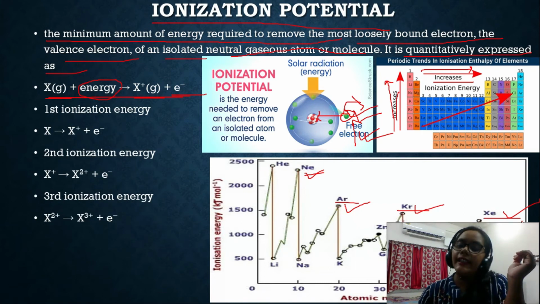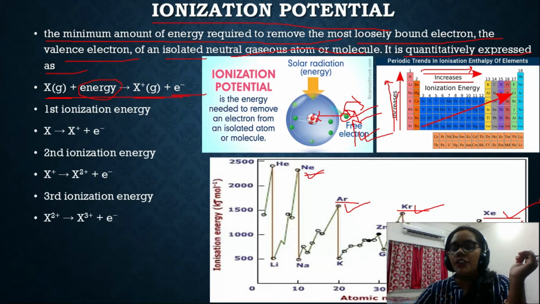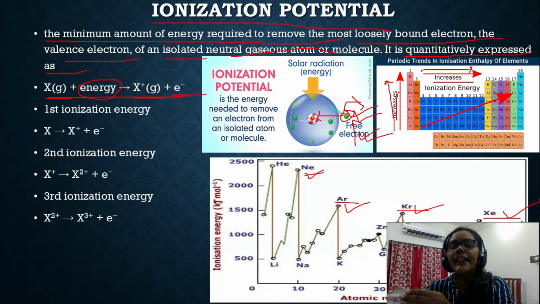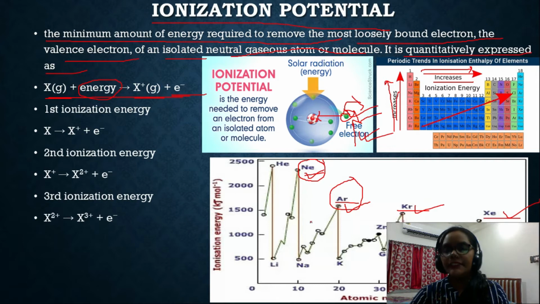All the inert gas elements have a full-filled shell, which means they are very stable. Now from this full-filled shell, if we want to remove one electron, we have to destroy that full-filled shell, that stability. For this we have to give much more energy than for the other elements. That is why the inert gas elements have the higher ionization potential.